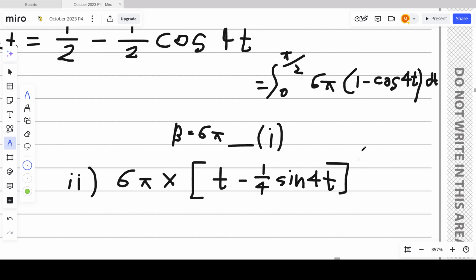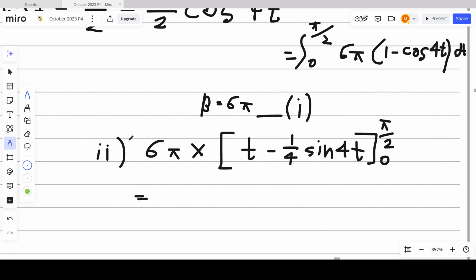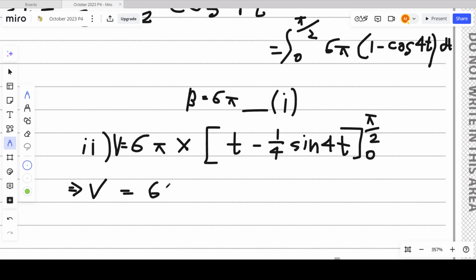The upper limit is pi over 2 and the lower limit is 0. So what will you get? This is the volume V. So 6 pi, put the upper limit, pi over 2.